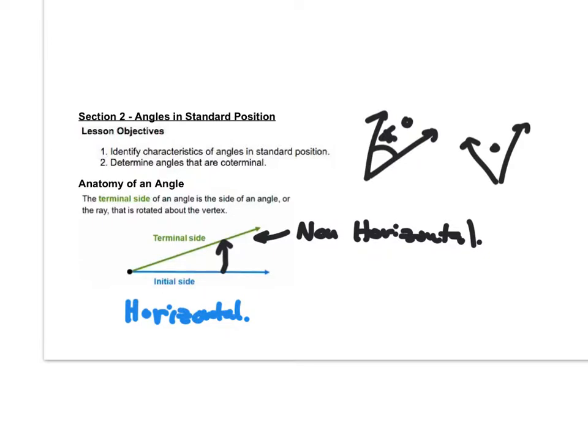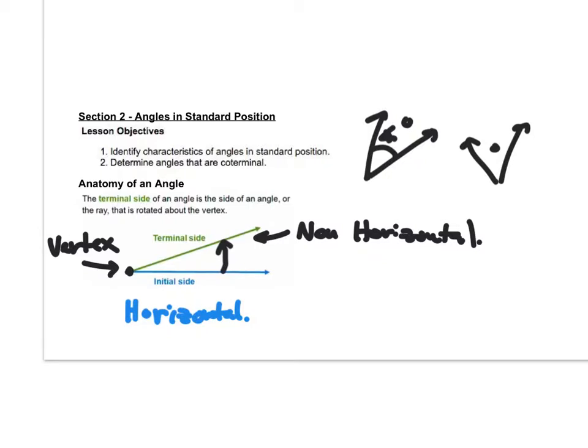Just so we're clear on some of the vocab, this little point here is called the vertex.